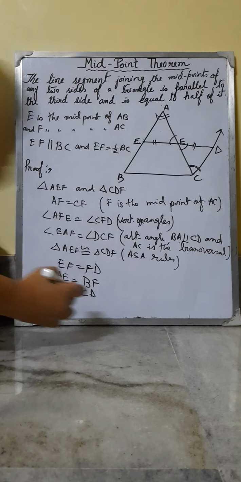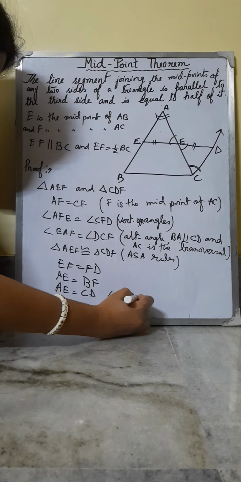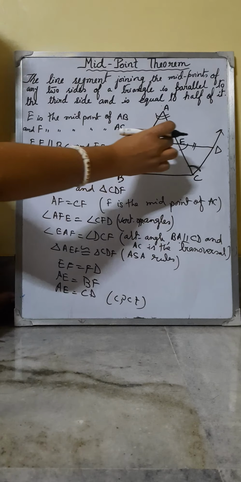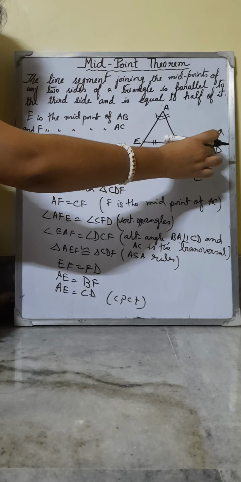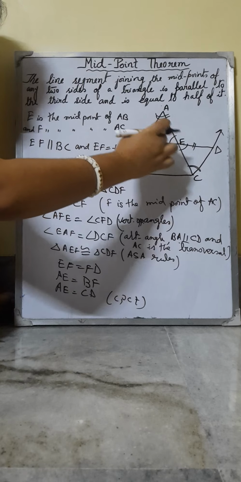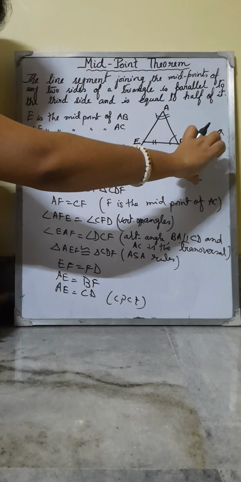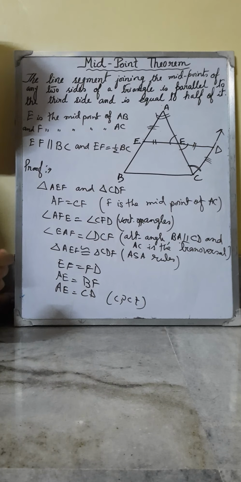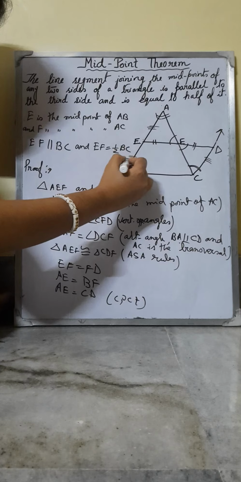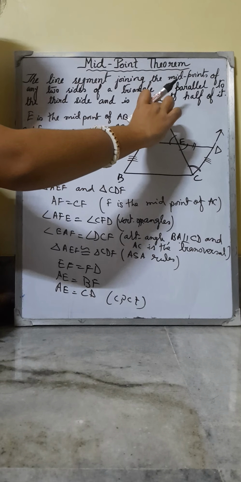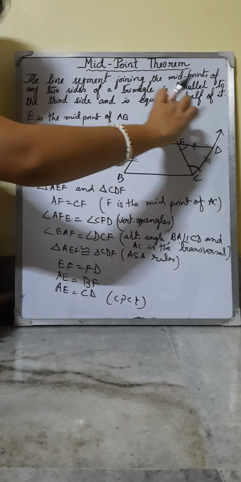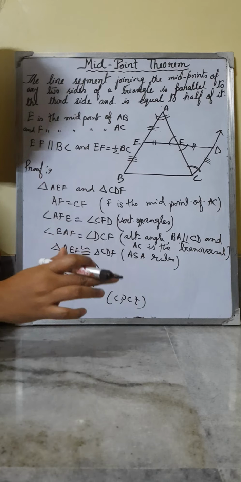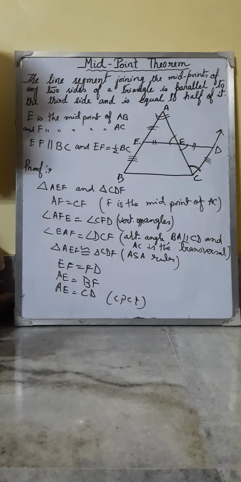So now this equals to this. So we can say that this is a parallel side and this is equal to this, and this CD is also equal to BE. Why? Because AE equals to BE. If AE equals to CD, then BE also equals to CD. So in a parallelogram, you know that opposite sides are parallel and equal.